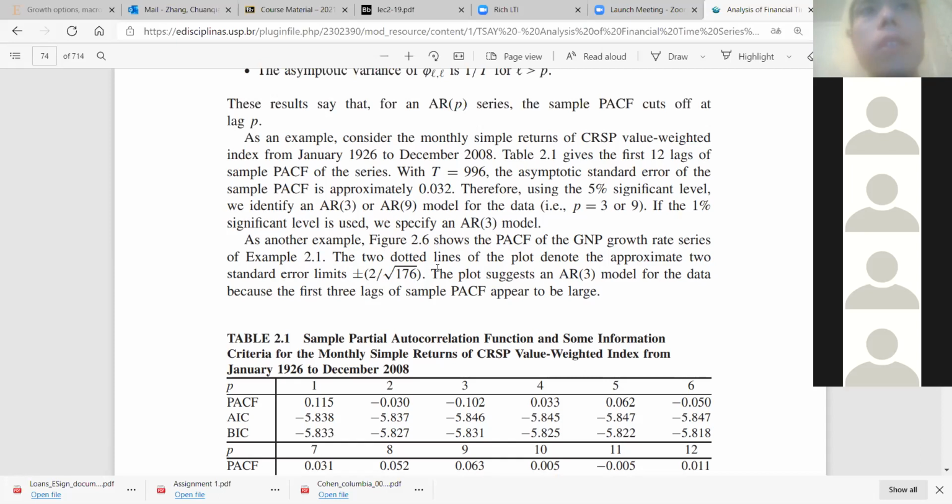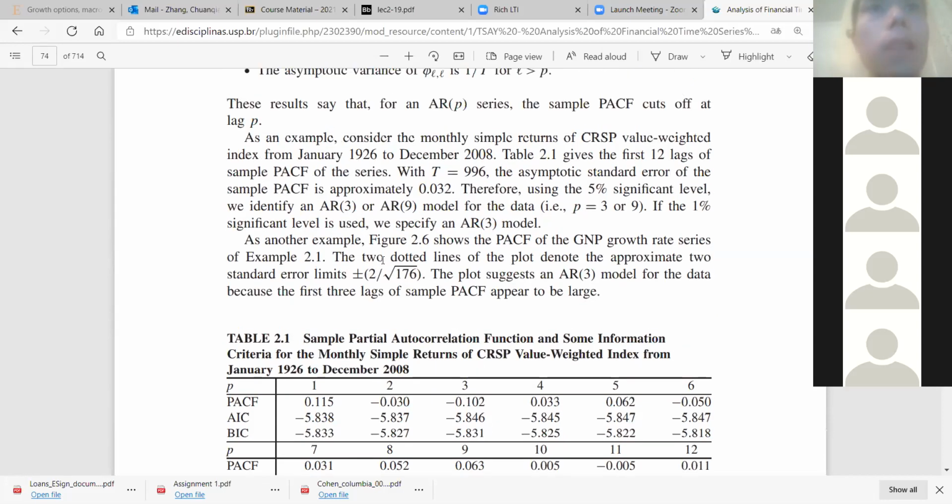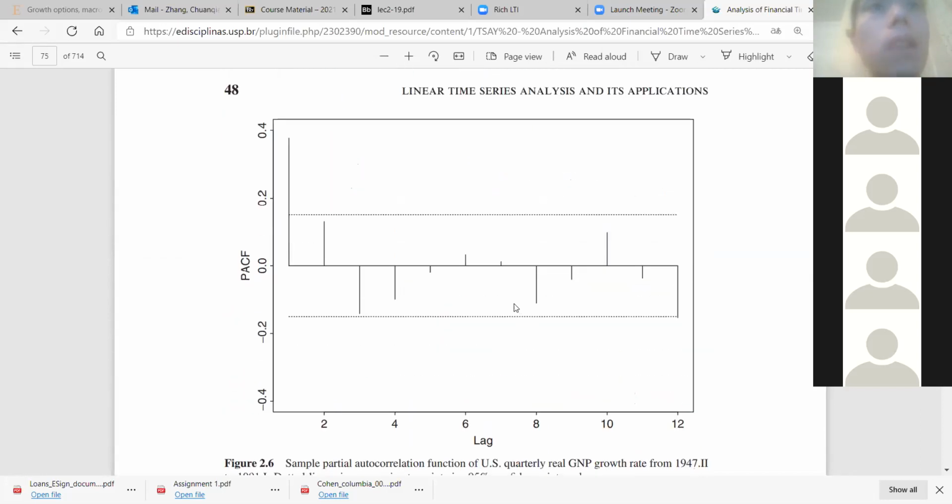This sentence tells you the meaning of the dotted lines: they represent the confidence interval of significance. And the plot suggests an AR(3) model for the data because the first three lags of the sample PACF appear to be large.